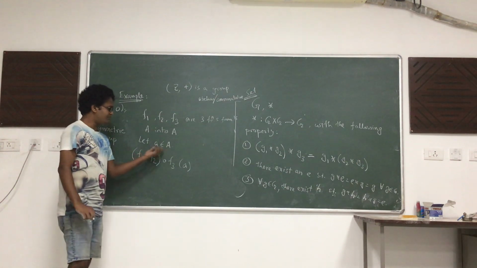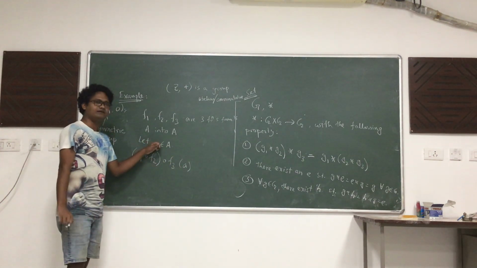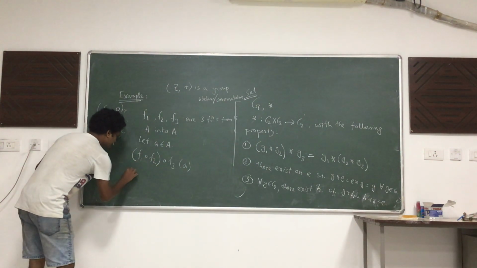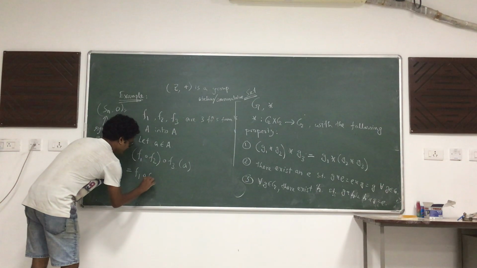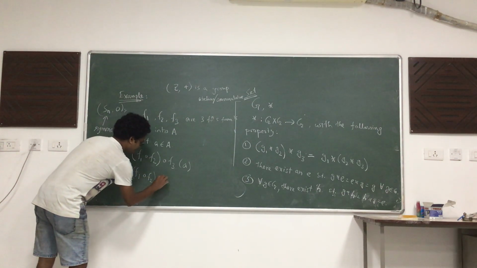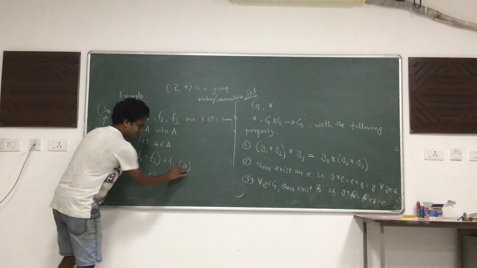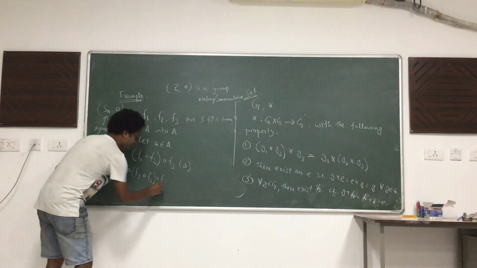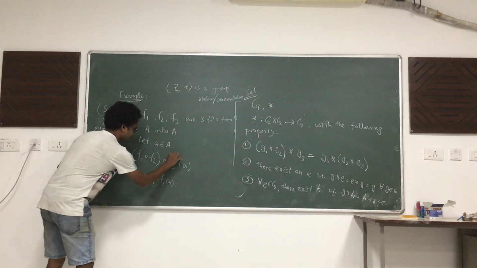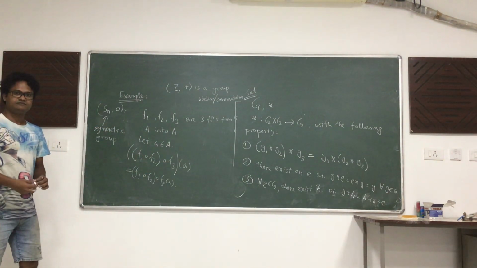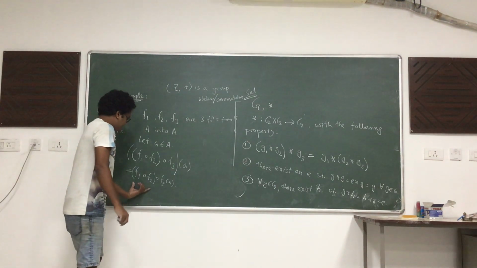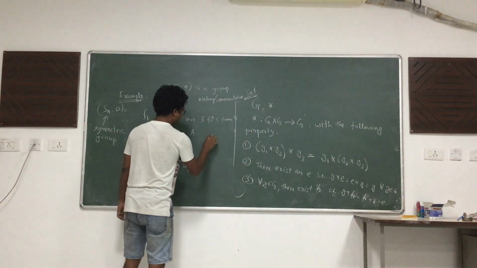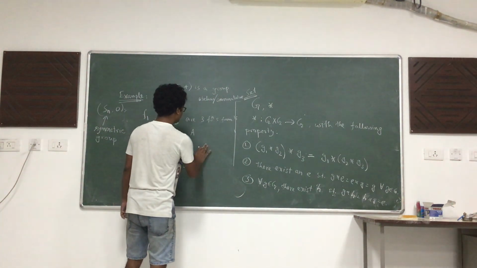For every element we have to consider this, so let us take one out of all the elements. First F3 will act on this and give me F3 of a.